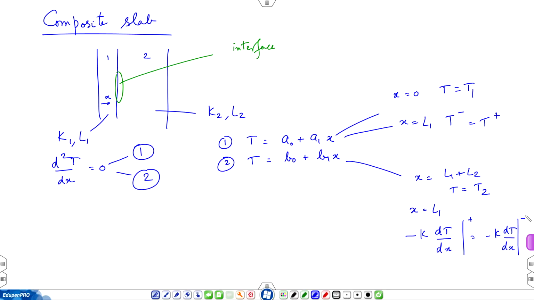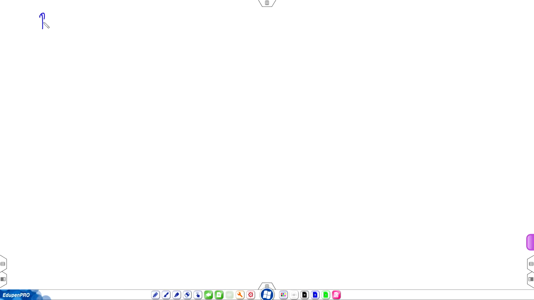The boundary conditions will keep changing from one problem to another, but the basic form of the solutions remains the same under steady conditions. So, just a note on boundary conditions.